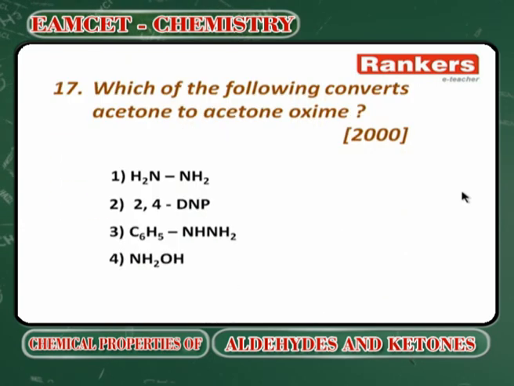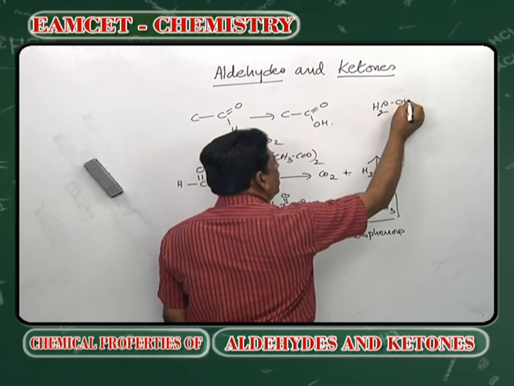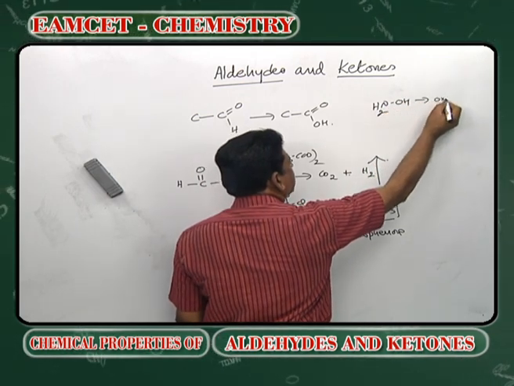Which of the following converts acetone into acetone oxime? As we have seen, 5 reagents. NH2OH, once again I will give this clue, NH2OH will give the oximes.